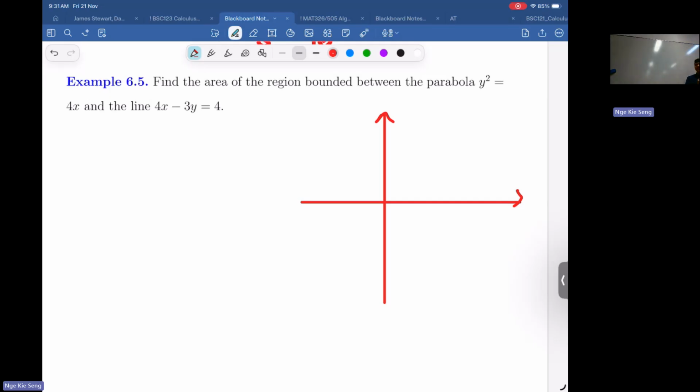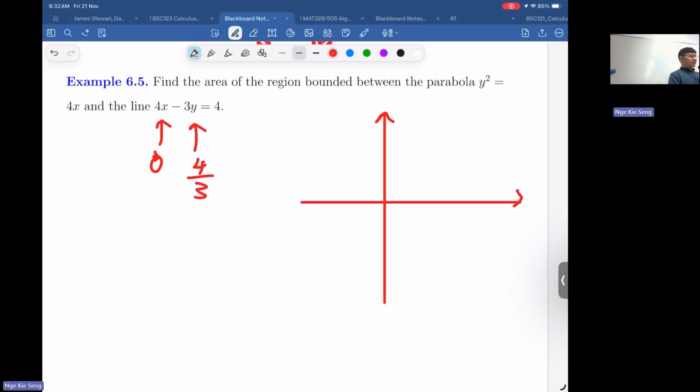So if x equals 0, what's y for the line? If you put x equals 0, you get 4 equals 0 if y is 0. This is a contradiction. What should you get for your y?